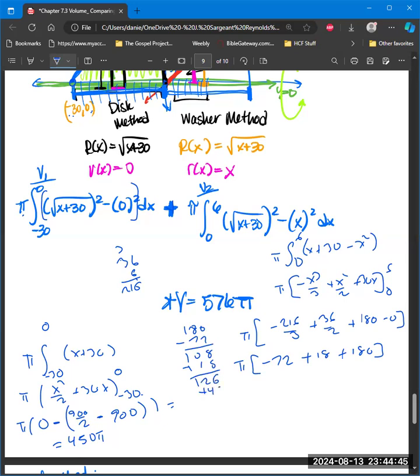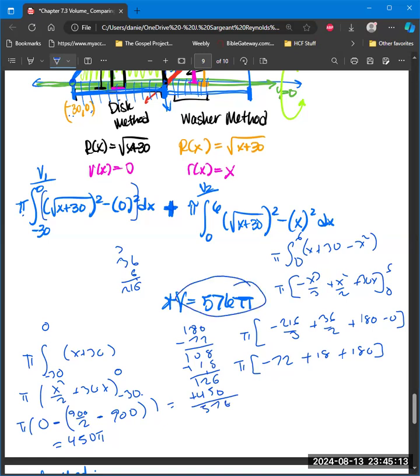126 plus 45 is... Where did I get 45 from? That's not 45, that's 450. 450 is 6, 7, 576.